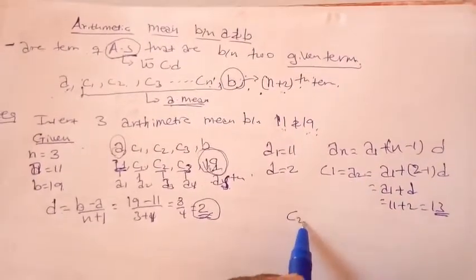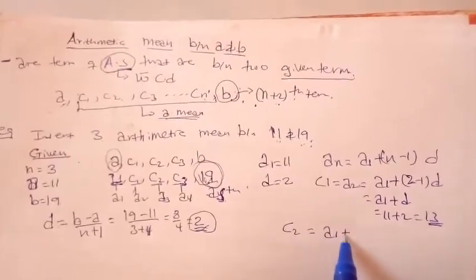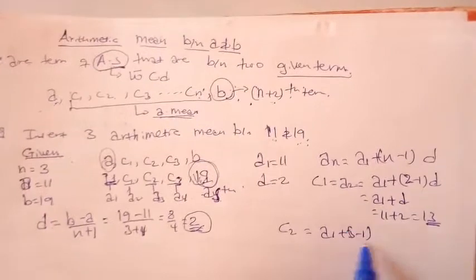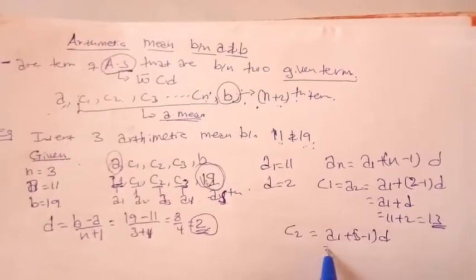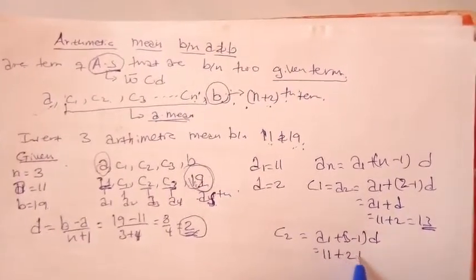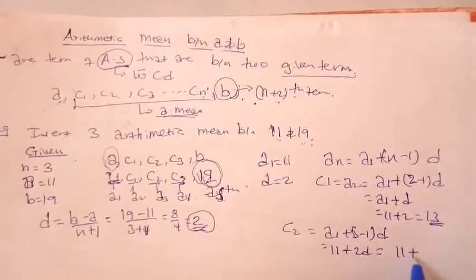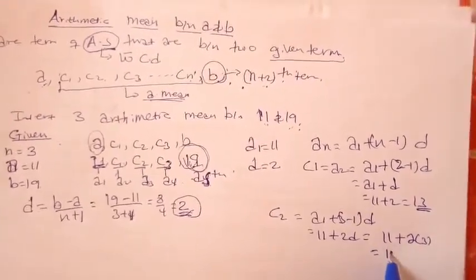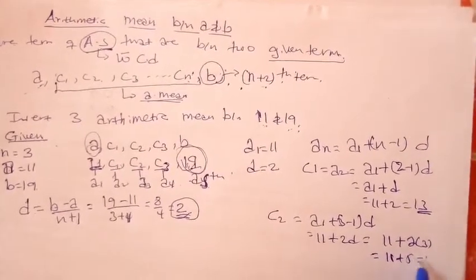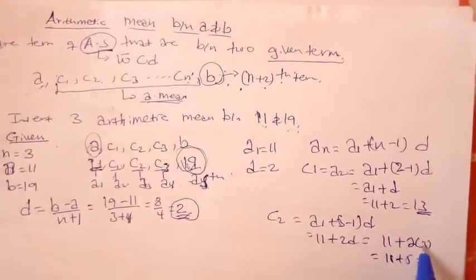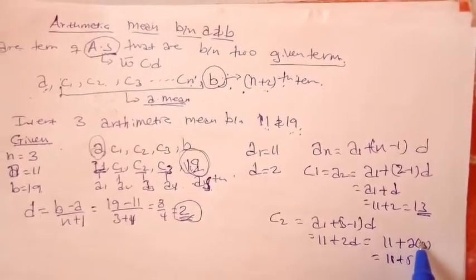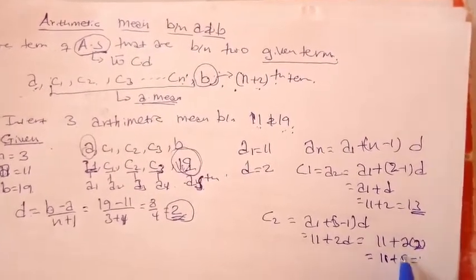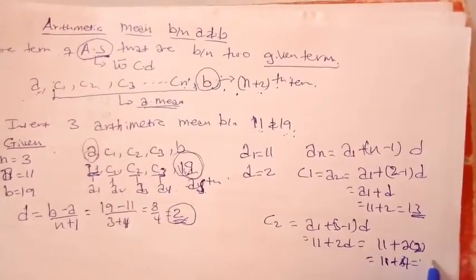And c2 is equals to a3, that is a1 plus 3 minus 1, the whole d, that means 11 plus 2d, that is 11 plus 4, that is 15.